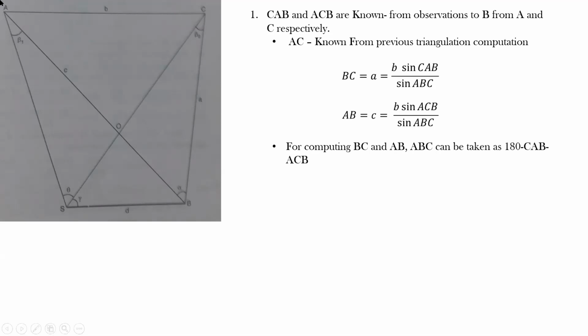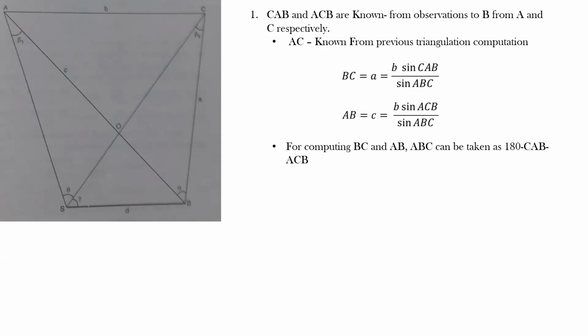In the triangle ABC, the only known distance is small b, and we know the angles CAB and ACB. With these knowns, I can compute BC, which is small a, as small b into sine of CAB divided by sine of ABC, and AB, which is small c, equal to small b multiplied by sine of ACB divided by sine of ABC.